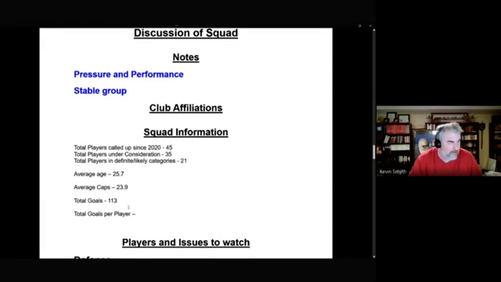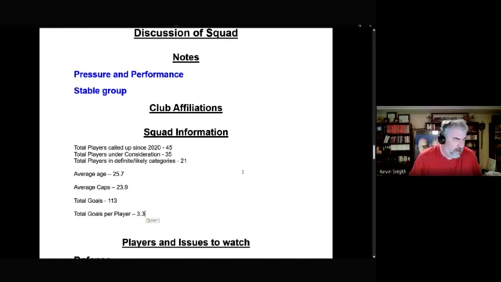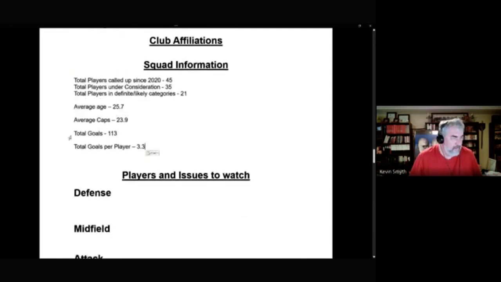I'm still trying to understand and improve this stat because I'm not sure how much it really means, but so far to me it kind of means that they score more than average, because the average total for teams is 104, and then the average goals per player is 3.4, so they're slightly below that. You can make of it what you will. But generally, it suggests they're a scoring team.